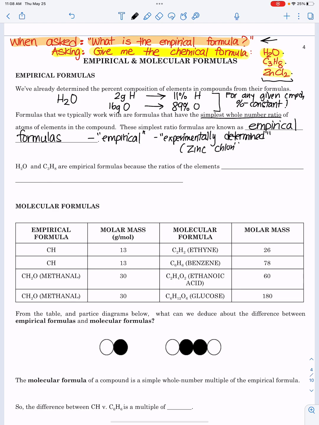We did all the math, and we got 2 Cl for every 1 Zn, and so that gave us ZnCl2. That's what we were supposed to get from that lab. H2O and C3H8 are examples of empirical formulas because the ratios of elements in the compound are in their simplest form.